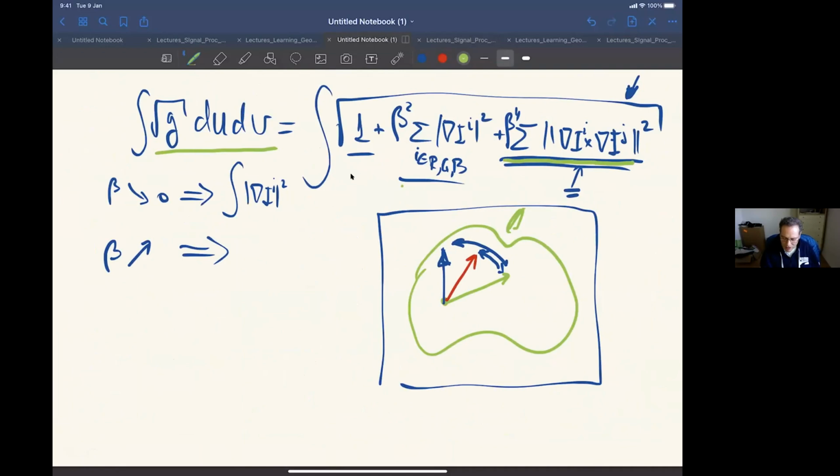The next thing that would happen has to do with the gradient of the image, which is nothing but, if you think about it, an extension and a generalization of the total variation idea, because I have here squared and I'm taking the square root of, so it would be basically something that would minimize the total variation of the image.